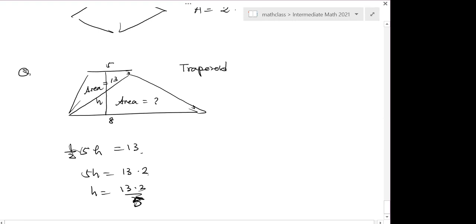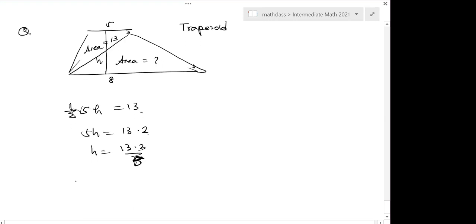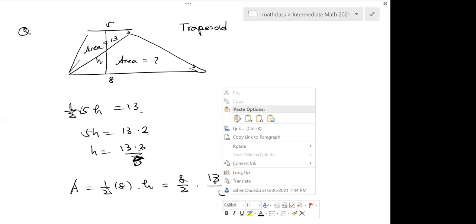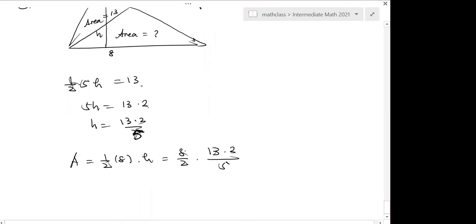Once you get the height, then you can find the area of the triangle at the bottom: half of the base times the height. So the height is 13 times 2 divided by 5, and just simplify. 8 divided by 2 is just 4, then 13 times 2 times 4 is going to be 104 divided by 5.